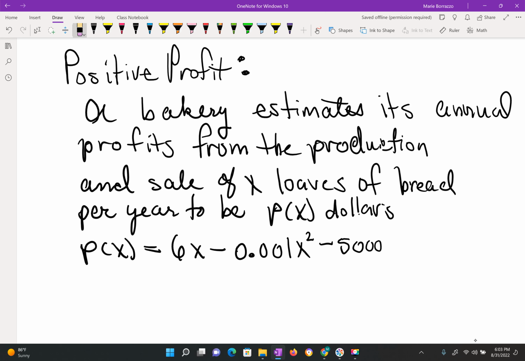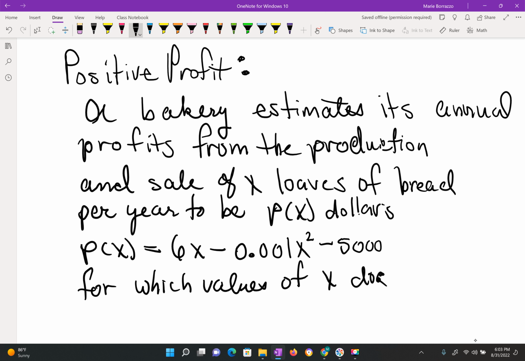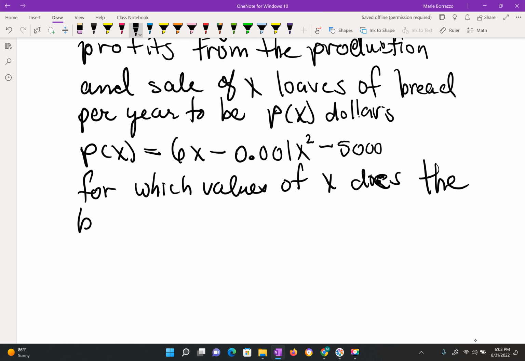For which values of x does the bakery make a profit selling bread?